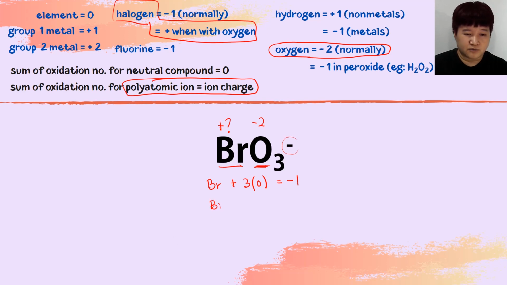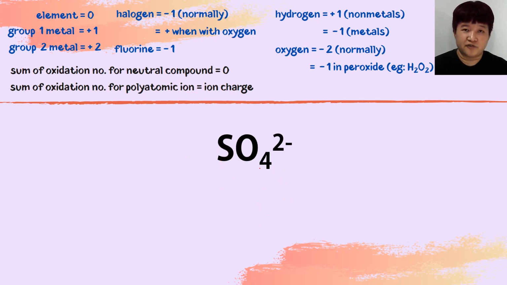Oxygen is negative 2 and Br will be positive 5. And you can see over here, a halogen will be positive when with oxygen, and Br right now is in positive 5 oxidation number.